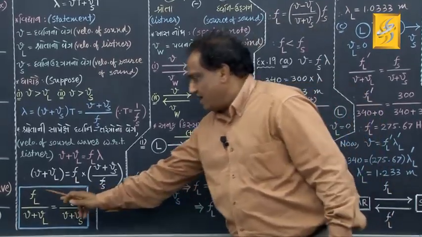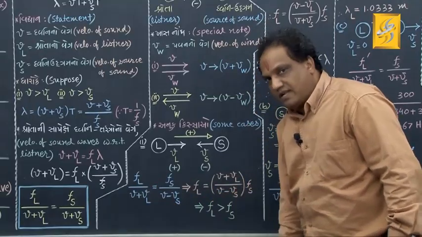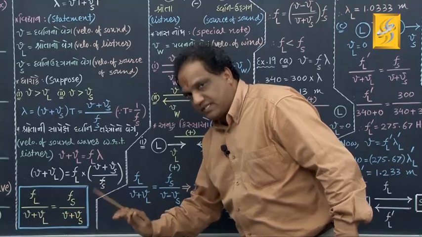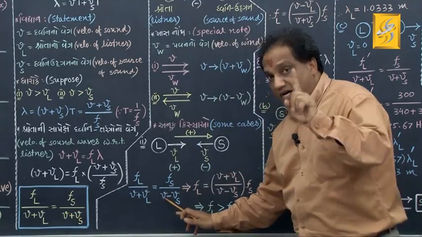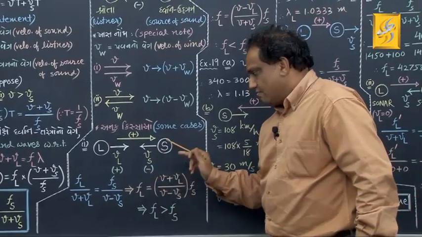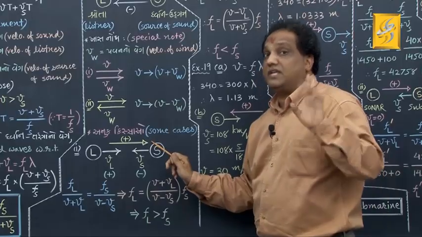Then FL upon V plus VL should be equal to Fs upon V plus Vs, but instead of Vs I should write minus Vs, because this velocity is opposite to the direction shown in the sign convention.